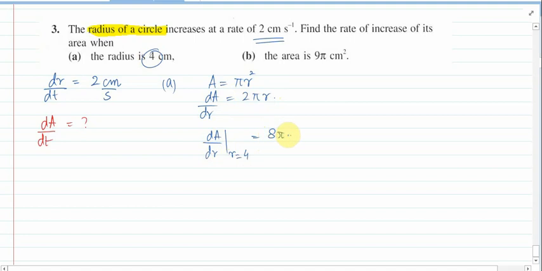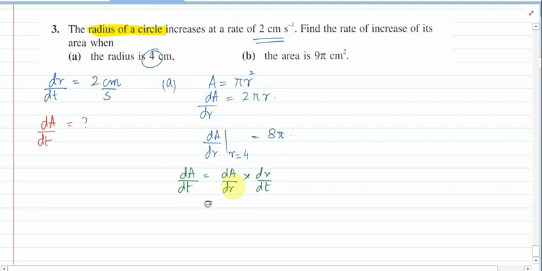Alright. Now we have dA upon dr. We need to find dA upon dt with the help of chain rule, that is dA upon dr times dr upon dt. A depends upon r, and r depends on time. These two must be same, and if you cancel it hypothetically, then d upon dt is equal to d upon dt.